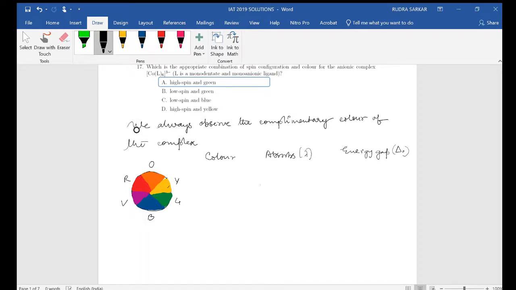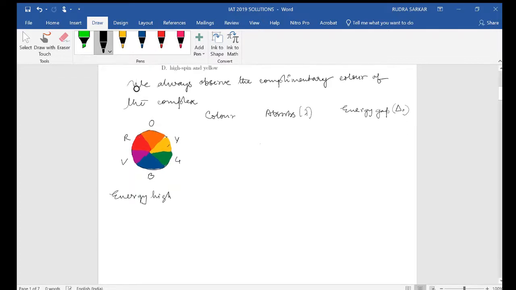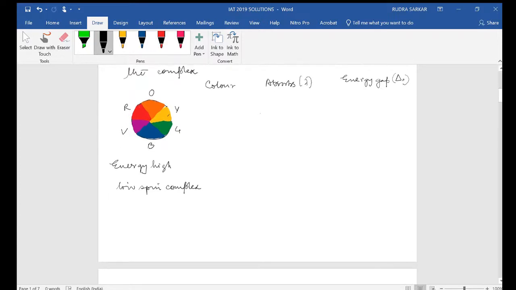So when we have, let me say this, energy gap high, we have a low spin complex, which means that out here delta O is higher than the pairing energy.